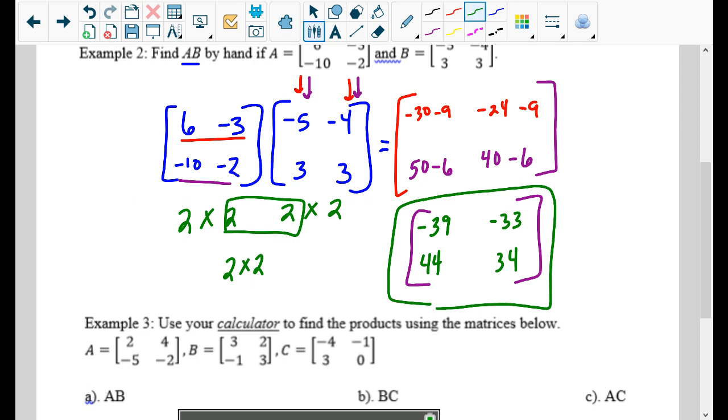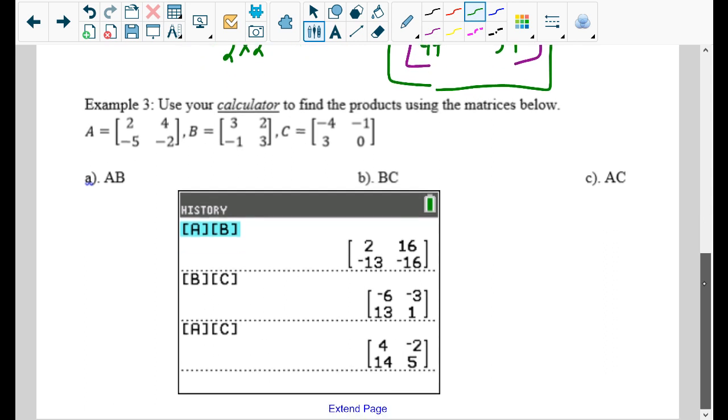Now, we're going to multiply these together with a calculator. So how can I multiply these together with a calculator? On here you can see I already multiplied these together. So these are the resulting matrices when I multiply AB, BC, and AC. Let's take a look. How can I do that?